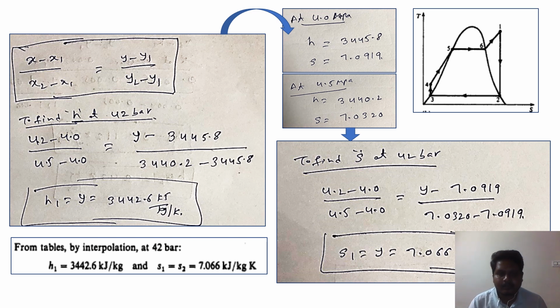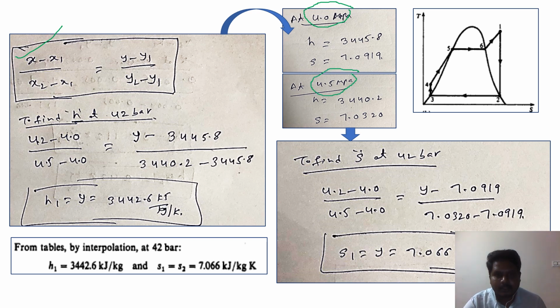So this is the equation for interpolation: (x2 minus x1) divided by (x2 minus x1) equals (y minus y1) divided by (y2 minus y1). We have already taken enthalpy and entropy values from the steam table at 4.0 megapascal and 4.5 megapascal.